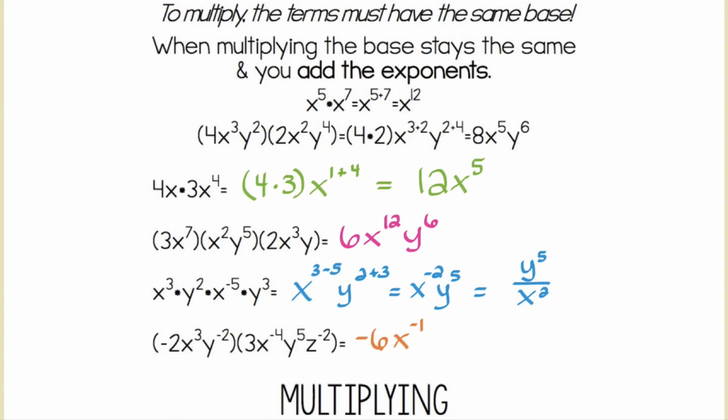That would give me x to the negative 1. For y, I have negative 2 and 5. So that gives me y to the third. And then for z, I have just z to the negative 2. I don't have anything to combine it with. Now I'm going to get rid of my negative exponents by putting any of those down into the denominator and losing the negative. So I'm going to have negative 6 y to the third over xz squared.